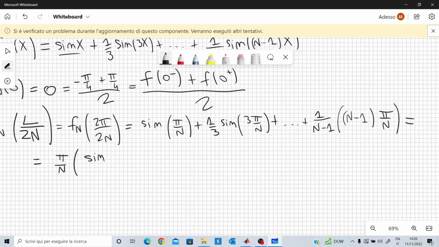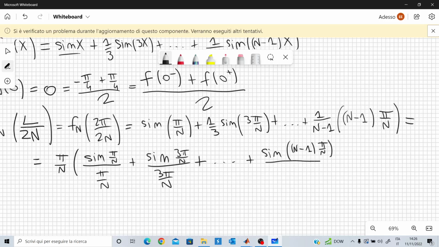So I have sine of pi over n divided by pi over n plus sine of 3 pi over n divided by 3 pi over n, because here we also have a factor of 3, plus dot dot dot plus sine of n minus 1 pi over n divided by n minus 1 times pi over n. Now, I'm almost done, but let's do one more thing.